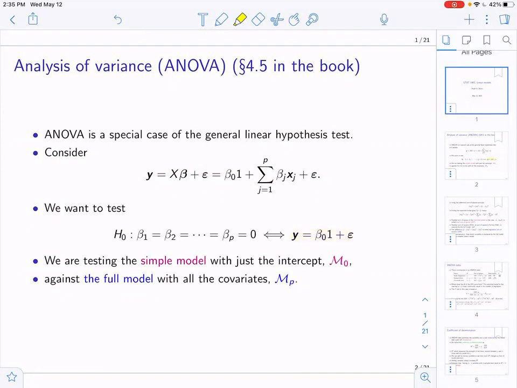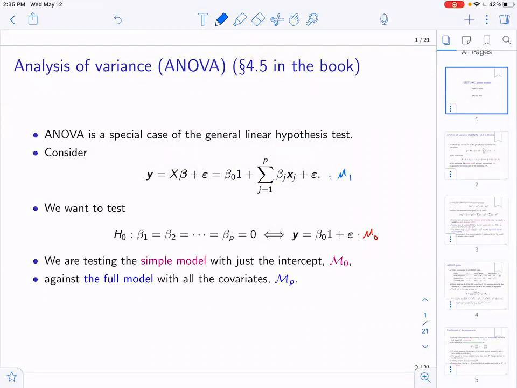Let's refer to the simple model as M naught, and the full model as M1. So testing the hypothesis is comparing these two models.